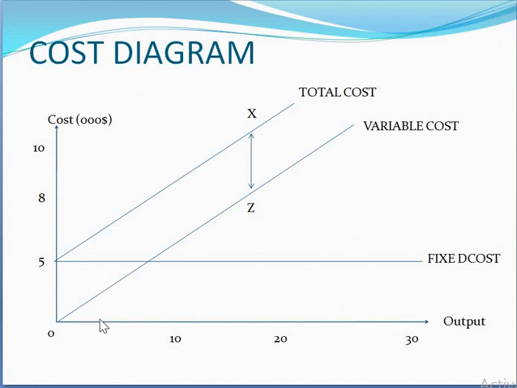Say, for example, production cost of the 5th unit plus fixed cost, production cost of the 10th unit plus fixed cost. So the difference between total cost line and variable cost, you can see, is always same, always fixed. These two lines are parallel. Why? Because the difference between them, let's say x to z, is equivalent to 5,000, that is the fixed cost.